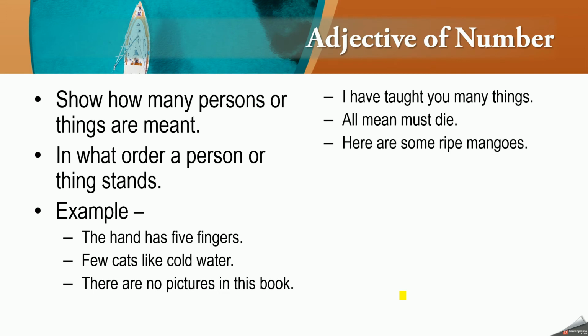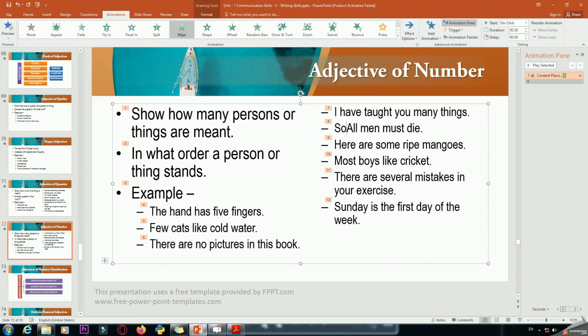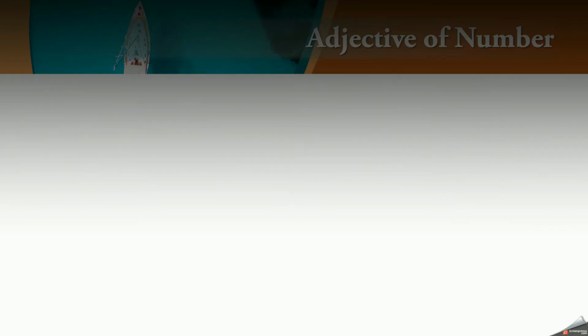All men must die. Sorry, this is something wrong which I have written here. I am going to correct it. All men must die. It's a kind of sexist statement, so I should modify this. All cruel men must die. So I just modified the statement here.